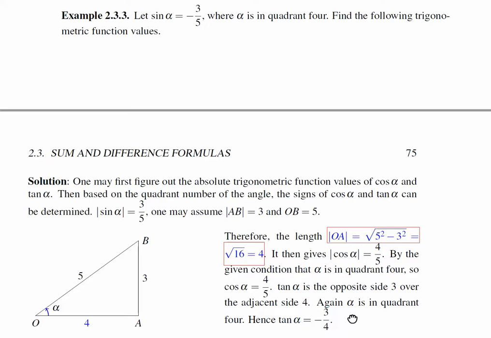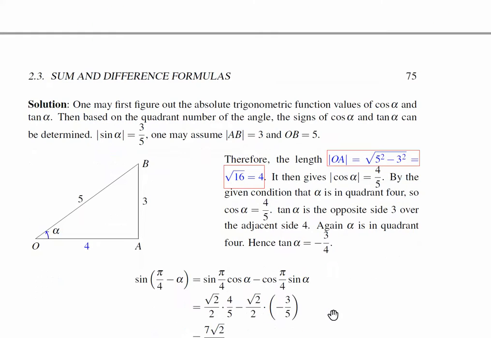So 3/4. But we know alpha in quadrant 4, then it tells us tangent alpha has to be negative 3/4. Okay, so we know sine value, we know cosine value, and we know tangent value.